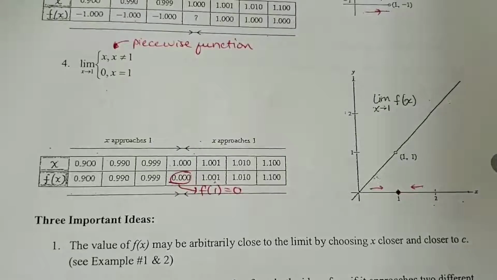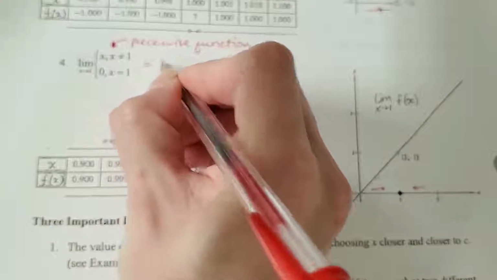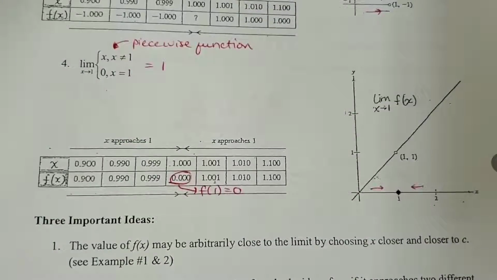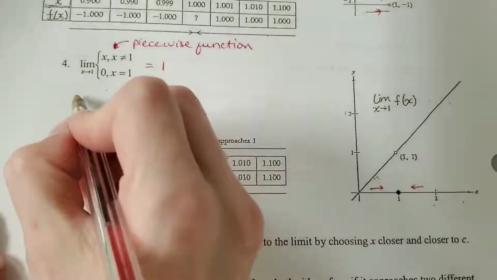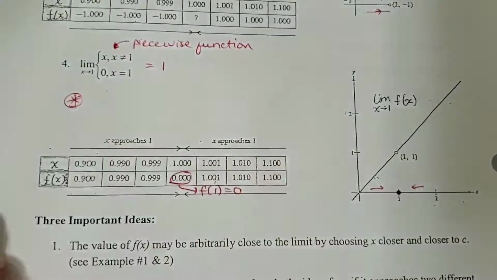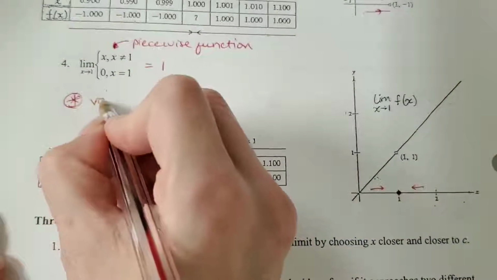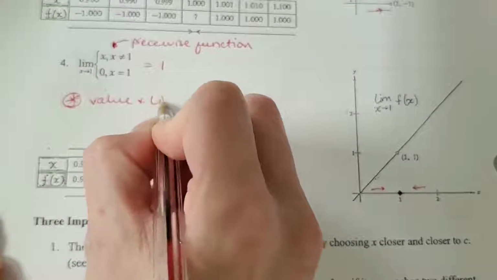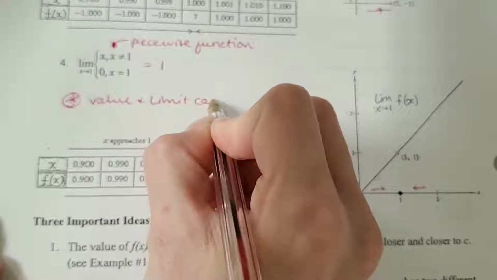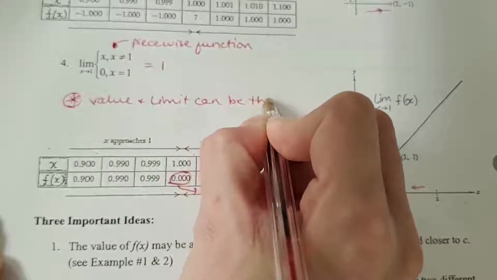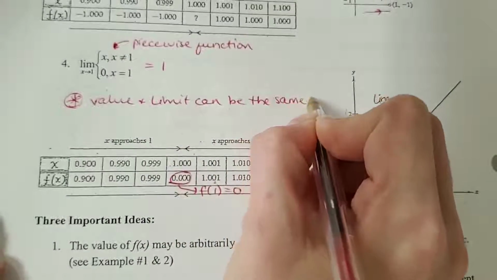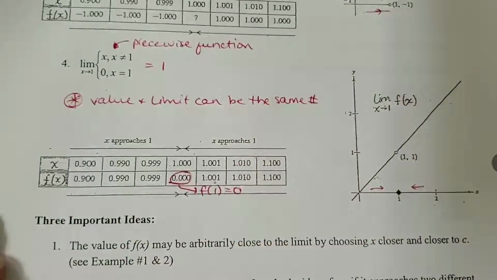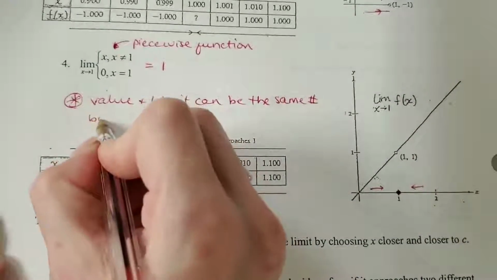So my limit for this function is in fact going to be 1. Okay, so again, we'll note that the value and the limit can be the same number, but the value does not determine the limit.